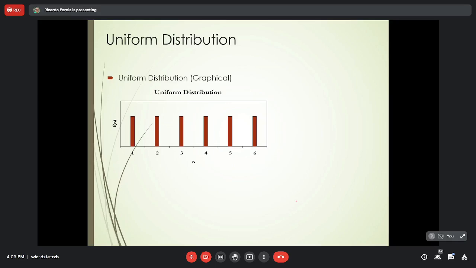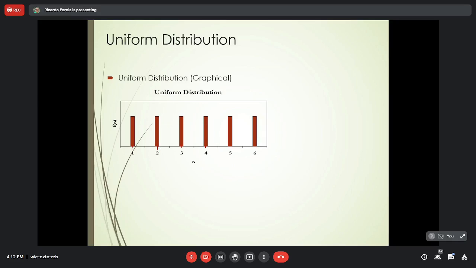distribution. When we talk of uniform distribution, as you can see, the probabilities of the different events are equal, because it's the uniform distribution. A good example: if you roll a die, a die has 6 faces, the probability of obtaining 1 is 1/6.